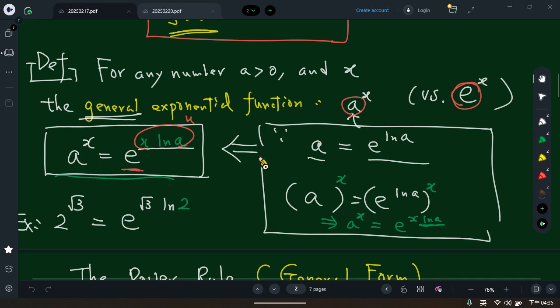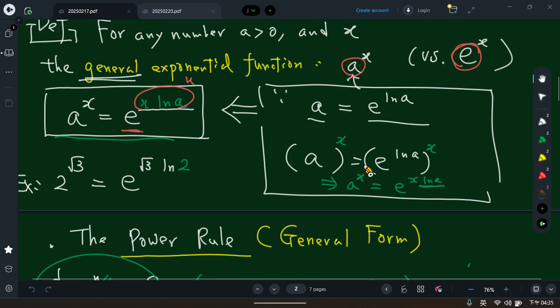I also told you to remember to convert a to the power of x into some form with e. If you cannot remember it, try to get the result by some inference by following this one.